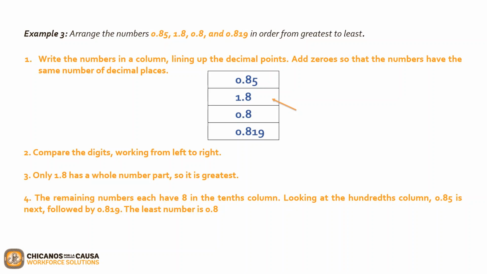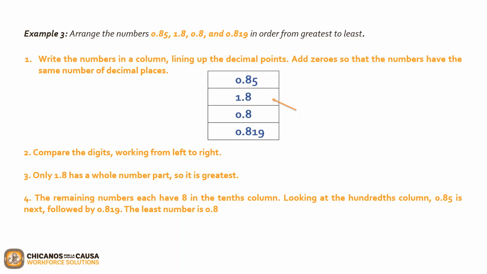When we compare 0.85 and 0.819, we know that if we were to round 0.819 so that it only had 2 decimal places after the decimal, we would have 0.82.